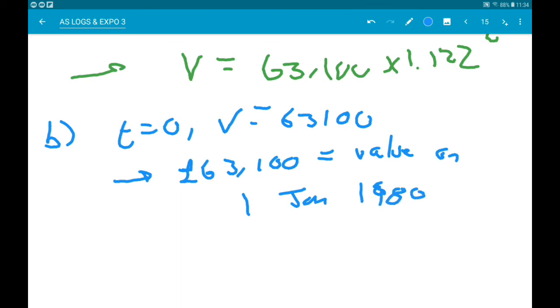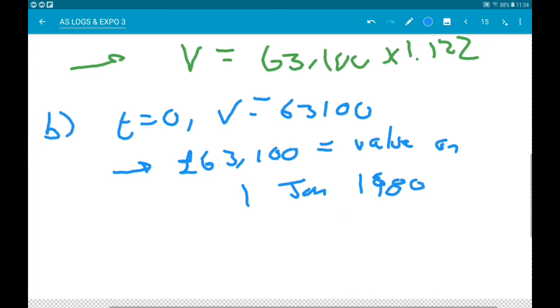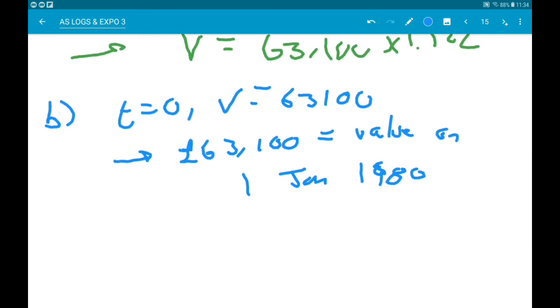Okay, and then for the value of Q, which was 1.122, so 1.122 tells us how much the value is growing per year. So it's the rate of increase per year.